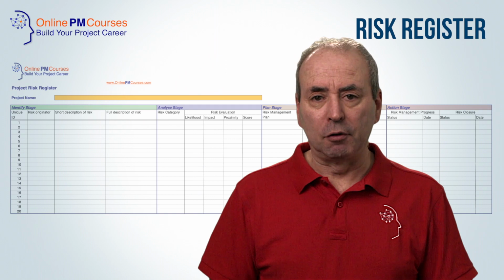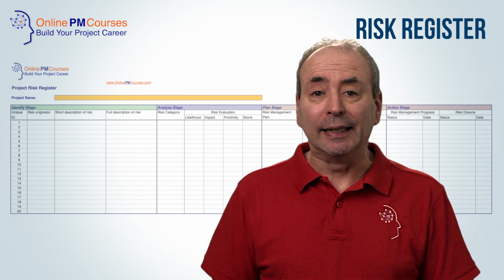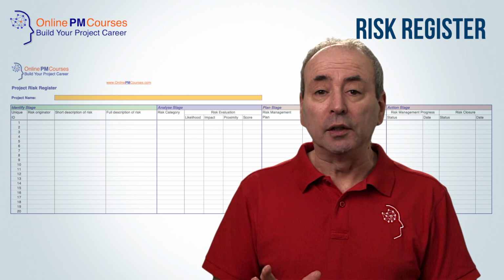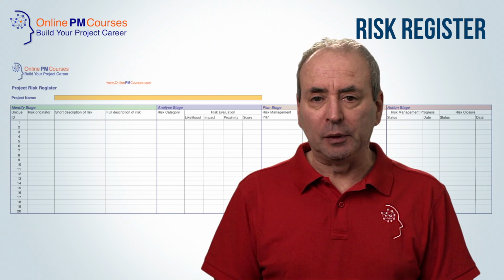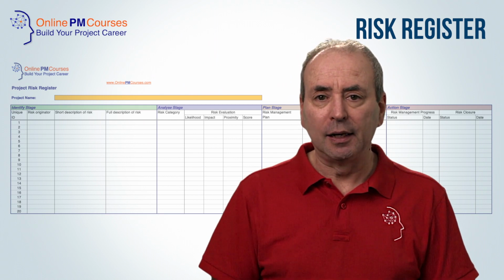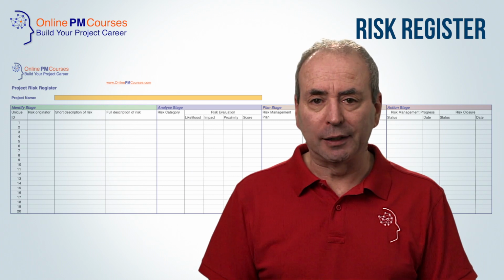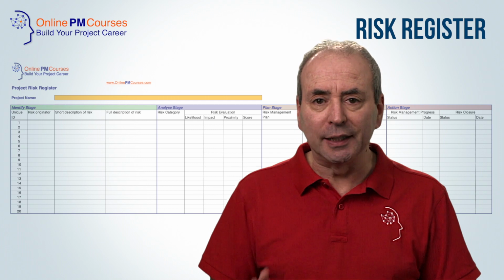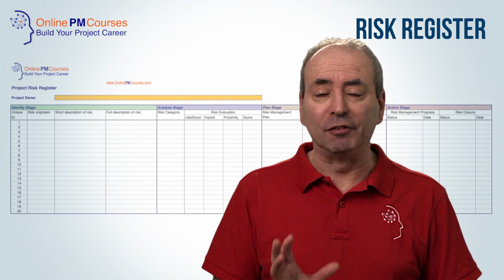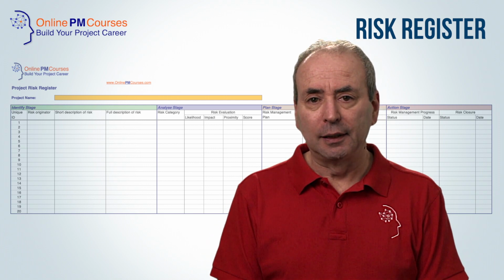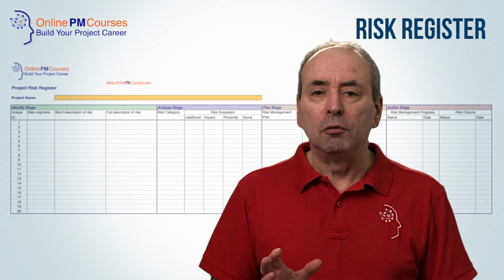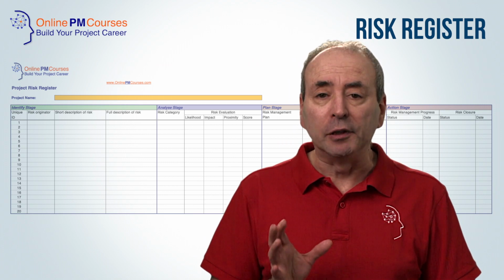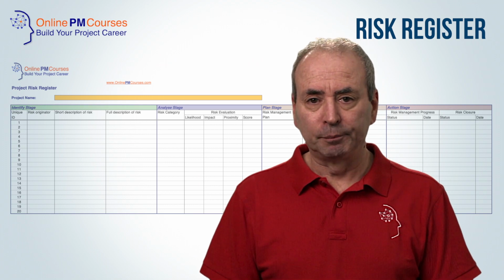The second use of a risk register is that it is a document of record. It is where we record diligently all of the risks we've identified and the actions we're taking to make the process transparent. It is part of our due diligence. It is part of the governance of the project. As a result, the risk register is one of the key tools that shows you are acting responsibly as the project manager.